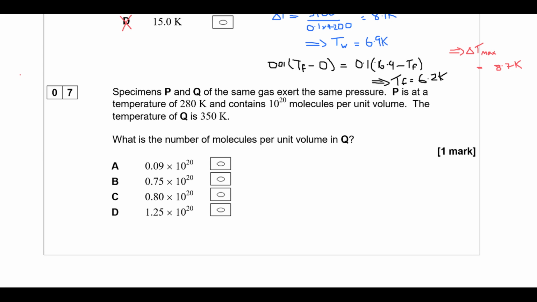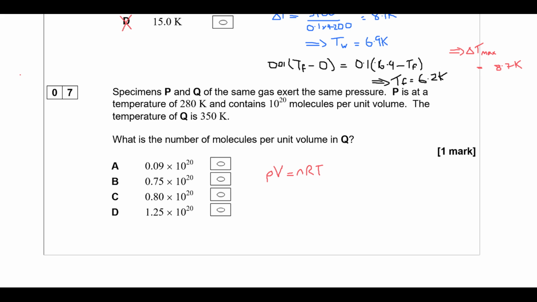So we've got two gases that are at the same pressure, and one is at a certain temperature, 280 Kelvin, and it has 10 to the 20 molecules per unit volume, and the temperature of Q is 350. When it says unit volume, we can put in V equals 1, and we're going to use the ideal gas equation like this.